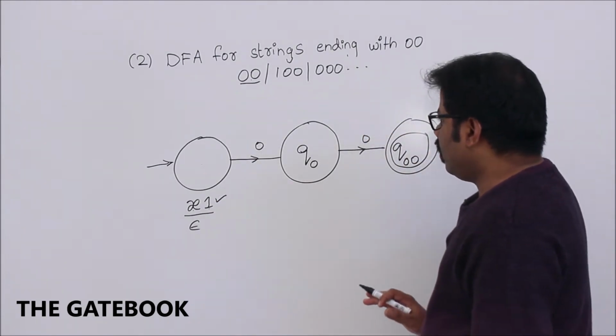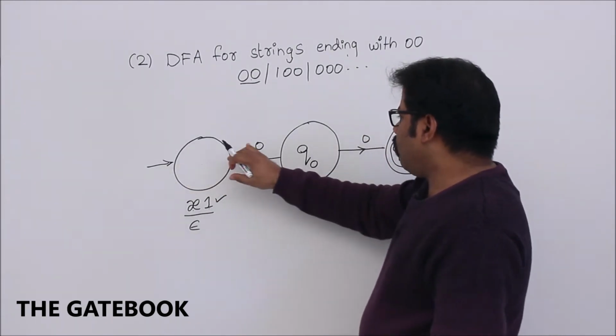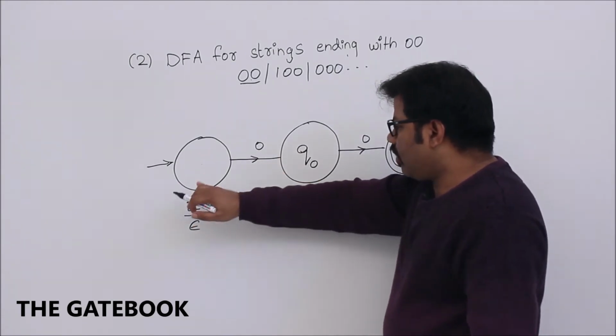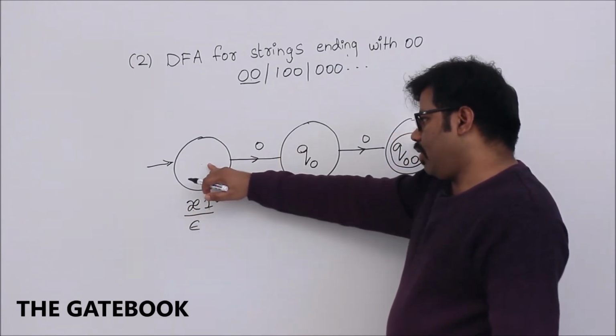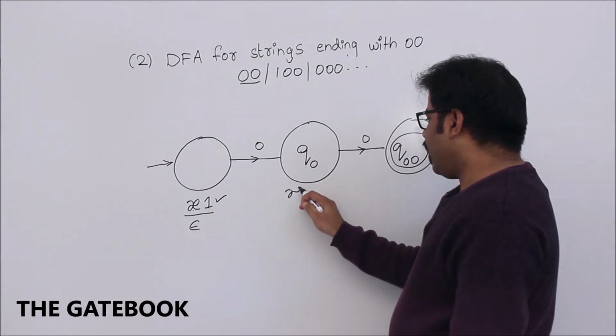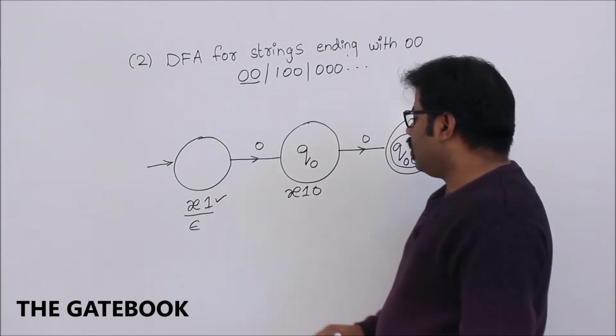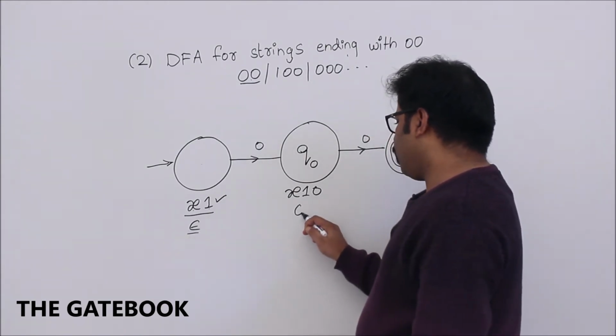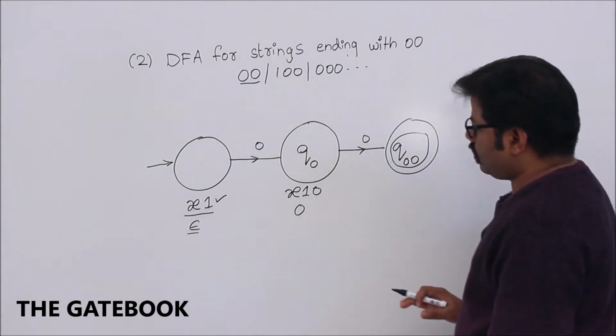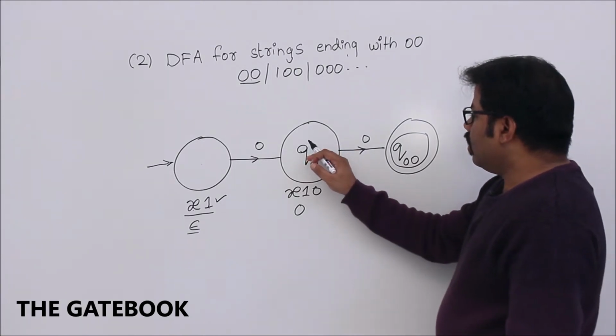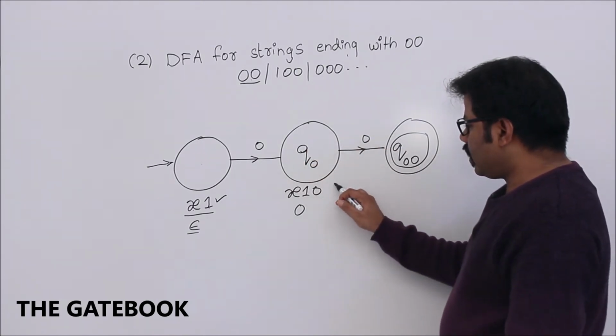Now when I am here, on 0 I am going to the next state. Whenever I have a string x1 and I am here, then on 0 the string will become x10. Similarly, maybe just 0. These are the only two combinations. Now when I am here and another 0 comes, that's why I am going to final.